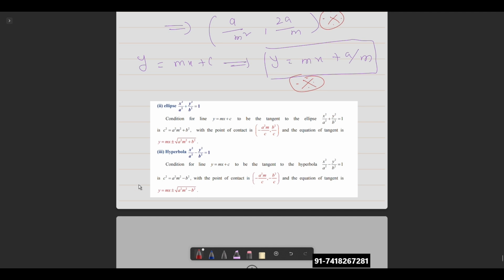These are the things you have to keep in mind, so that in the examination, if they ask for the condition, the point of contact, or the equation of tangent for y = mx + c, you can apply these formulas. We'll see the derivation in the next video, and how you can arrive at that equation without memorizing.